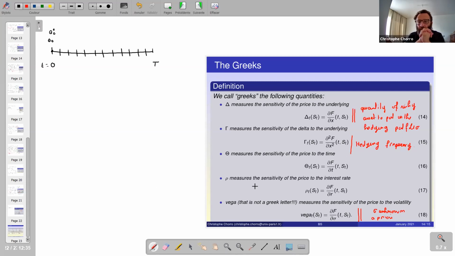So the delta is the quantity of risky asset to put in the hedging portfolio, gamma is the sensitivity of this delta with respect to the underlying, giving you indication concerning the frequency at which you are going to readjust your hedging portfolio, and vega gives you some indication concerning the way you have to estimate the volatility.